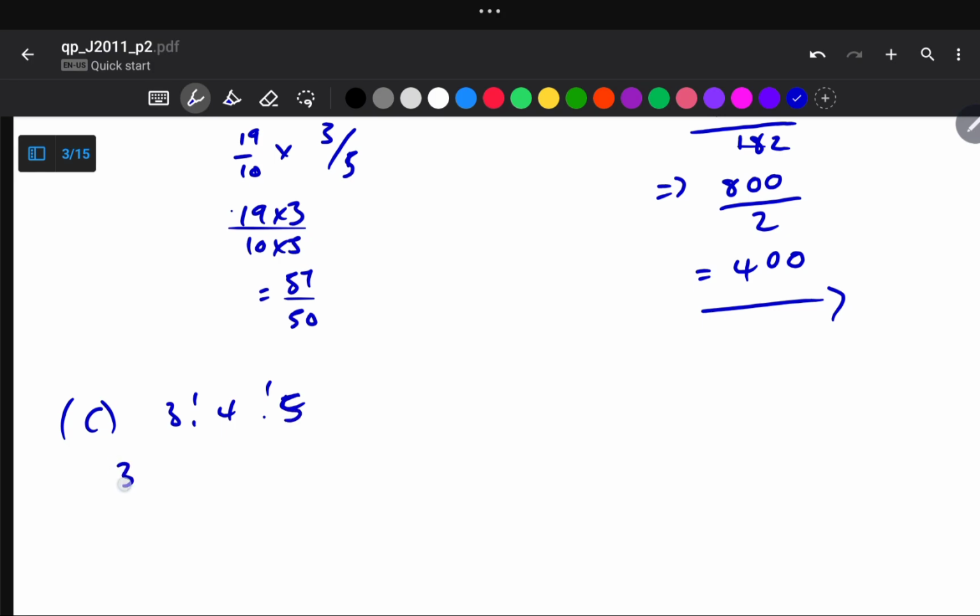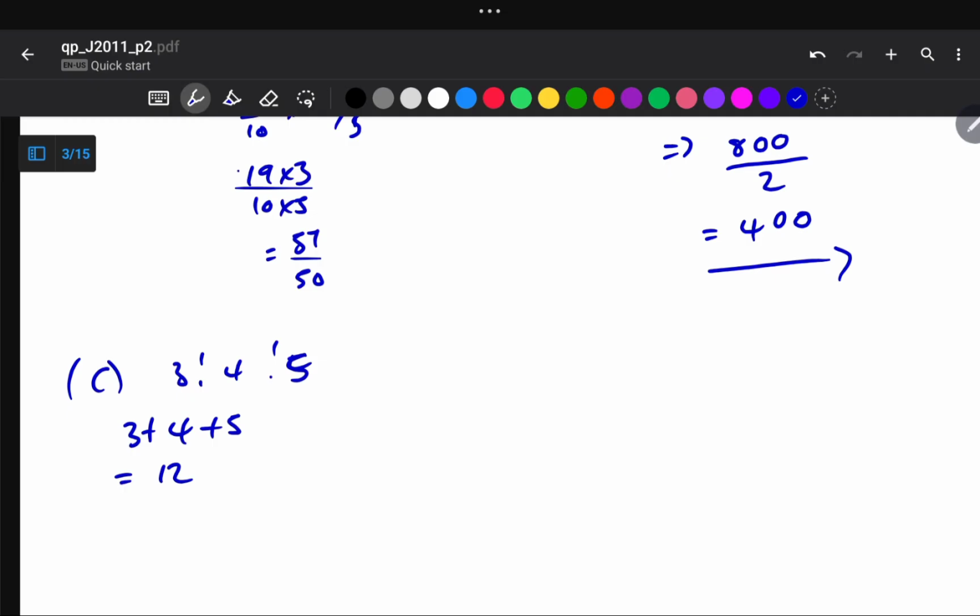So if we add 3 plus 4 plus 5, this gives us 7 plus 5, it is 12. So the largest piece of land is the fraction 5/12. So it is 5/12 multiplied by the land being shared, 120 hectares.